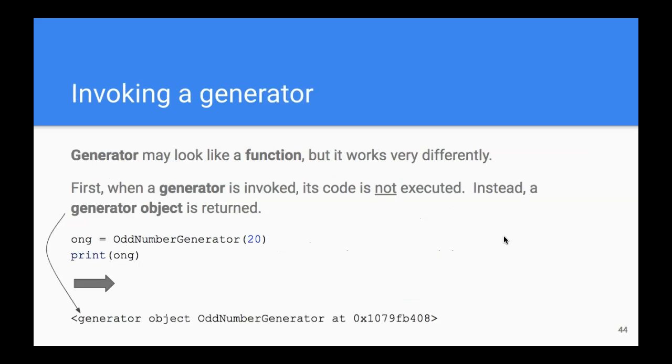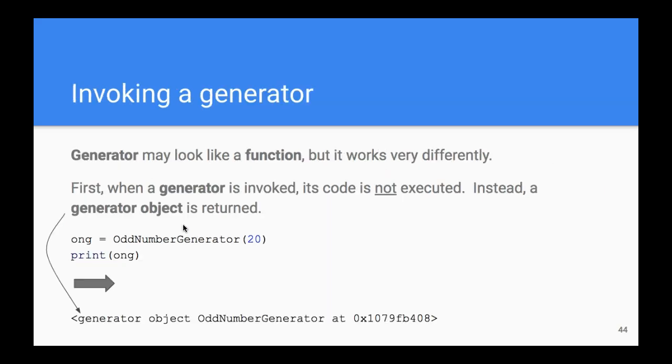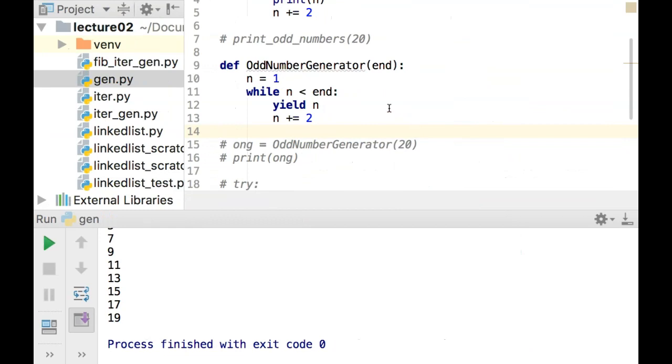Okay, so let's see an example of how that works. But actually, before we do that, there is one very, very important thing that I have to emphasize. You look at a generator, it kind of looks like a function, but it works very differently. When you call a generator, its code is not executed. Instead, what happens is a generator object is returned. Let me show that.